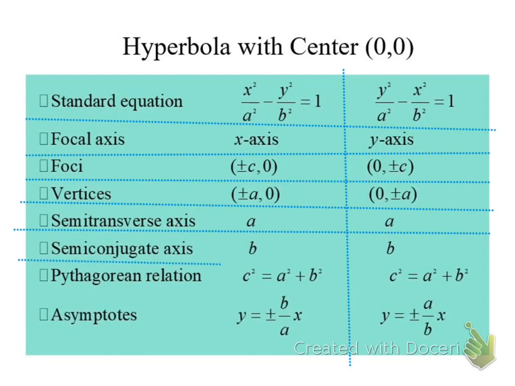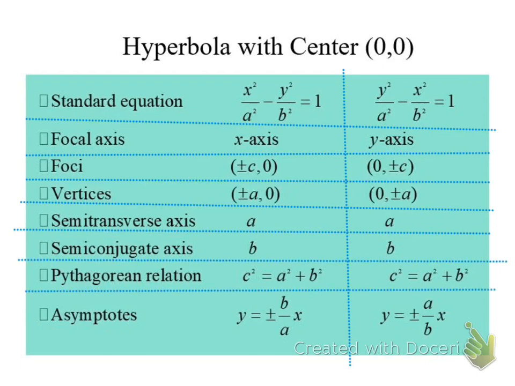Because of that, these sets of formulas look really similar except for that top row. All of these are for when I'm centered at 0, 0, and obviously that's going to change a little bit when I'm not centered at 0, 0. But for now I am, which we like.